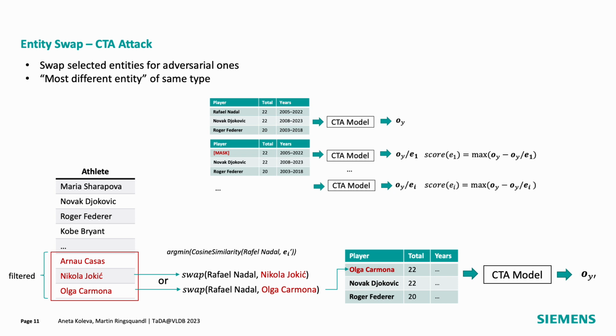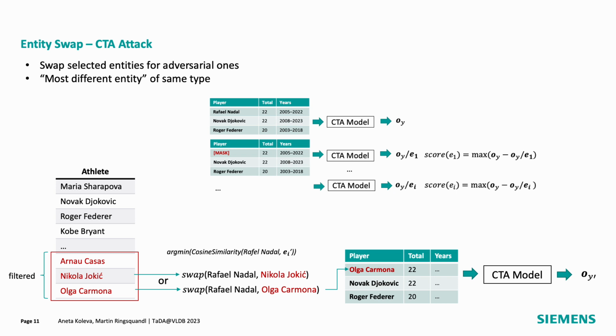Now, for sampling adversarial examples from these sets, we proposed a similarity-based strategy where we compare the contextualized representation for both the original entity and all the entities of the same class, and then we take the most dissimilar entity as the adversarial example. Another strategy is also to choose an adversarial example at random.